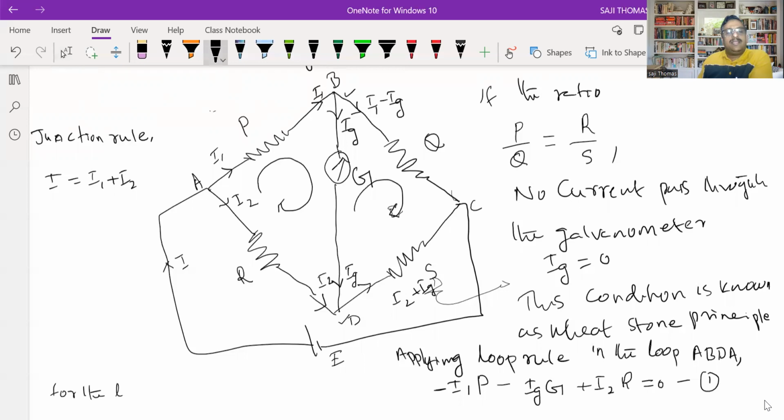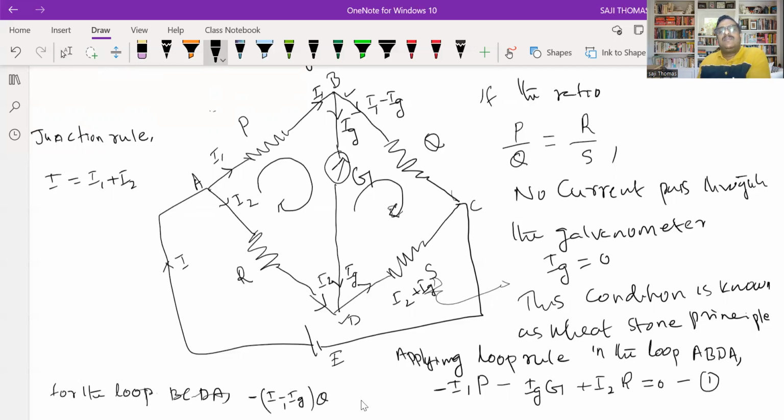Applying Kirchhoff's law in this loop, I started moving around the loop from B. I1 minus IG into Q. That potential difference is negative because I am traveling in the same direction as the current.